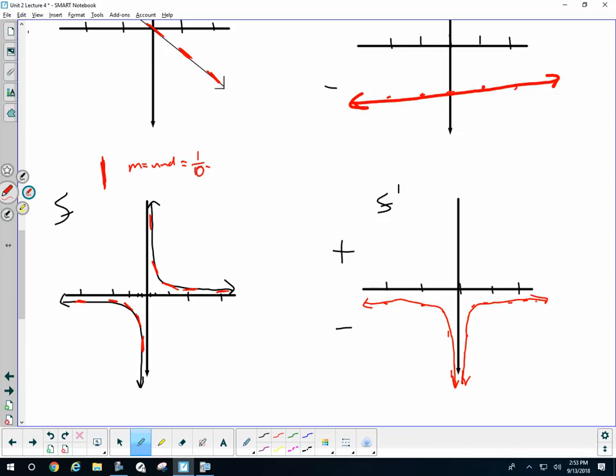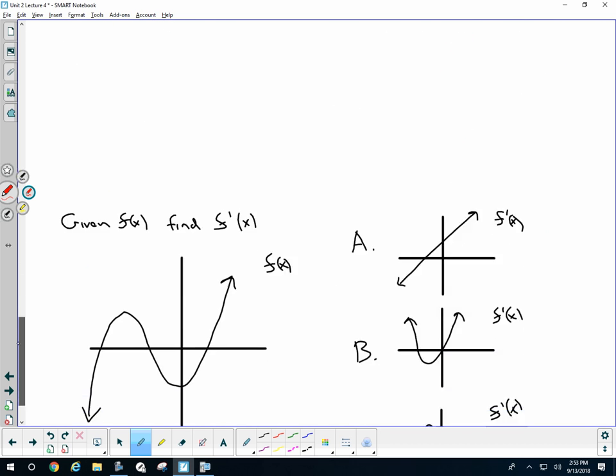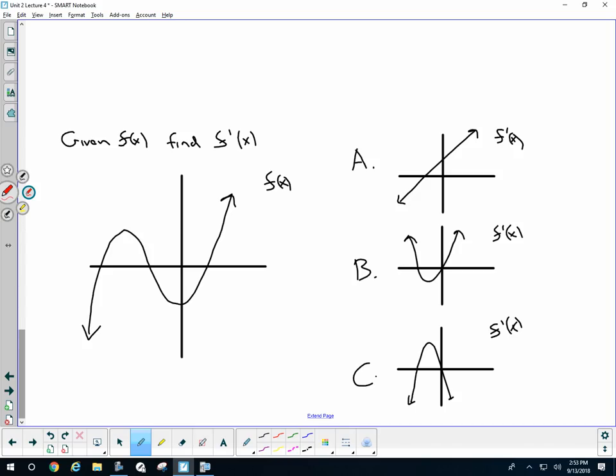All right, without screaming out the answer, and giving all of your neighbors plenty of time to get their answer to this multiple choice question: if this is f of x, what would be its tangent slope friend f prime? Its unique tangent slope graph.